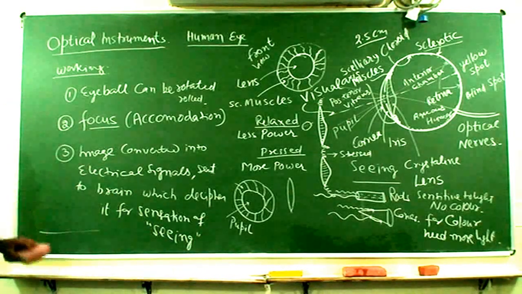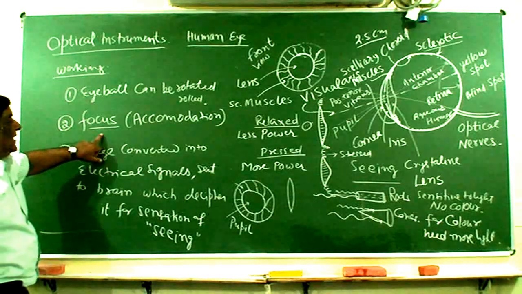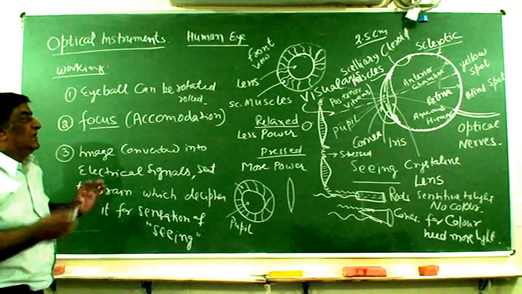So these are the work of the eyeball: focus, accommodation is done, and then the image is converted into electrical signals.